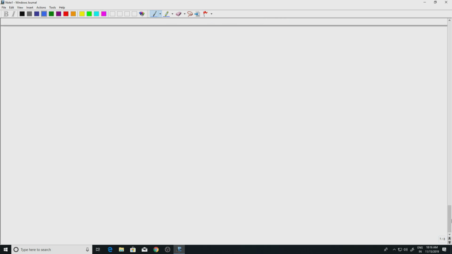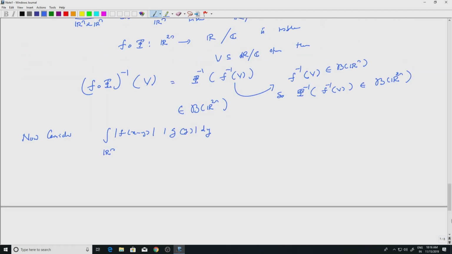Now if you look at this function, this is a function of x, right? This is well defined. I want to know whether this is finite or not. For that I look at one more integral over R^n of this function.